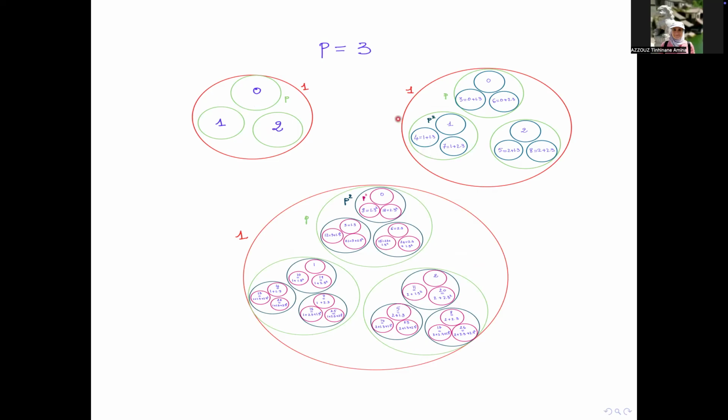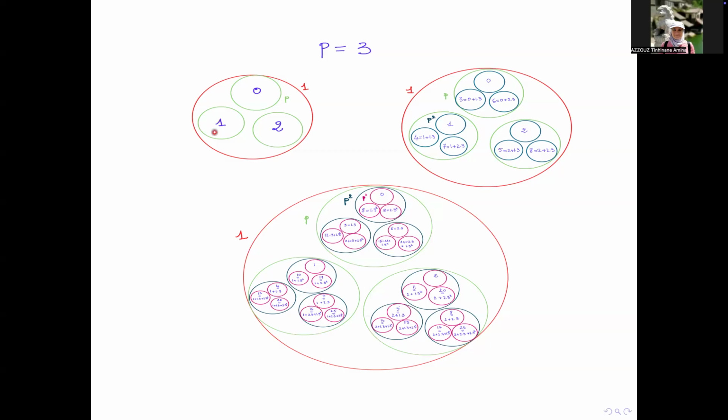When we want to recover all the numbers of Z3, they are distributed like that. We start with 0, and here the numbers will start with something multiplied by 3, and I add all the power series.